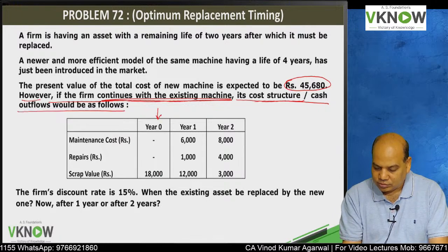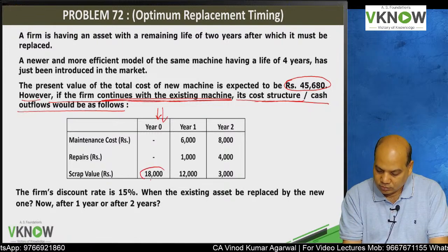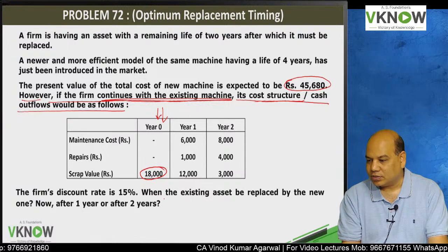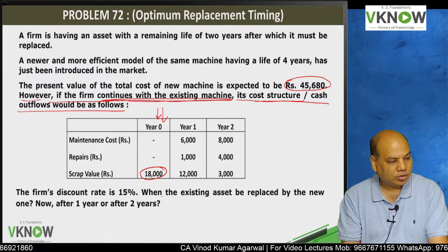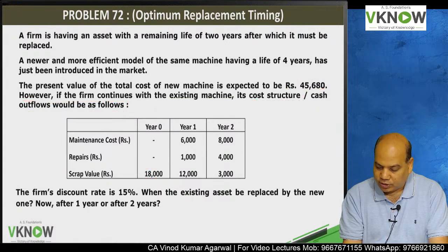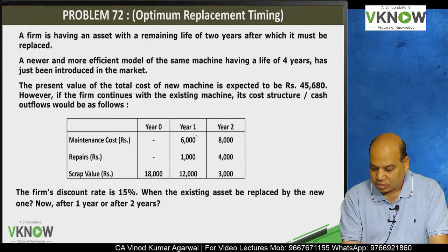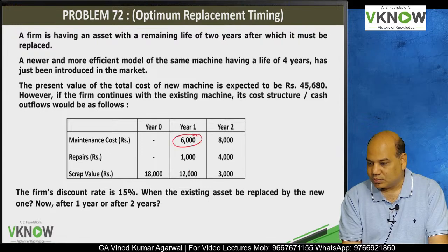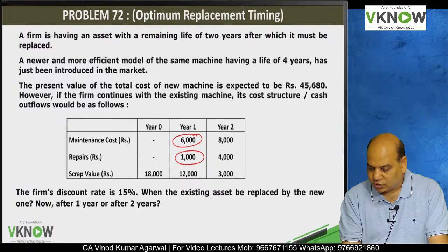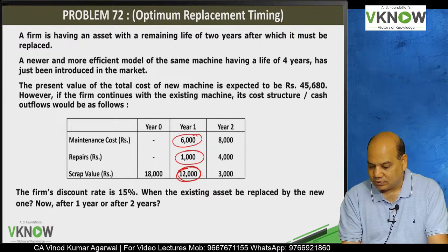In year 0, if you replace it today, you can sell it for 18,000. But suppose you want to use it for 1 year and then purchase the new asset, then you will incur 6,000 rupees maintenance, 1,000 rupees repair in year 1, and then you can scrap it for 12,000 at year 1.